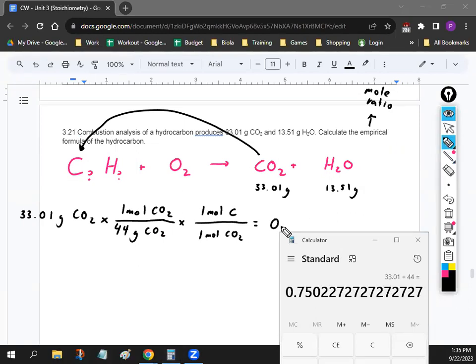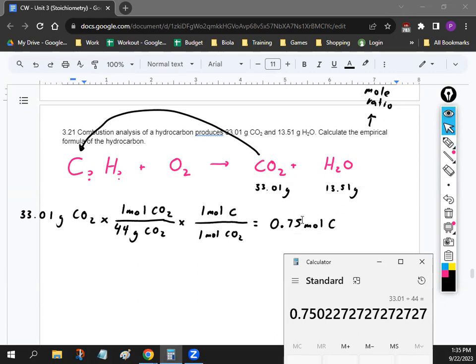So we'll write 0.75 moles of carbon. So there are 0.75 moles of carbon inside of 33 grams of CO2. And since all of the carbon in the reaction was used to make CO2, you know that there are 0.75 moles of carbon inside the original hydrocarbon. So this will be 0.75. Does that make sense? All right.